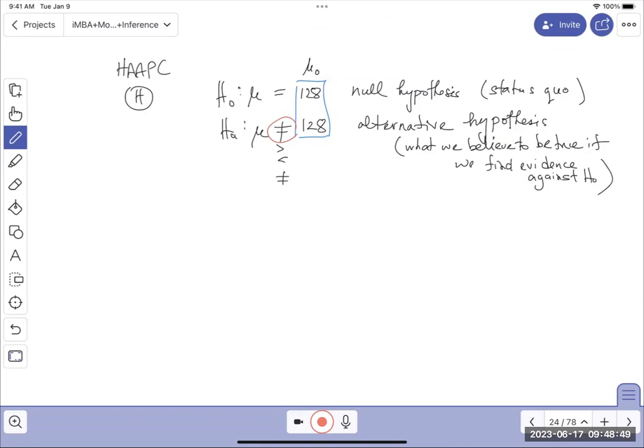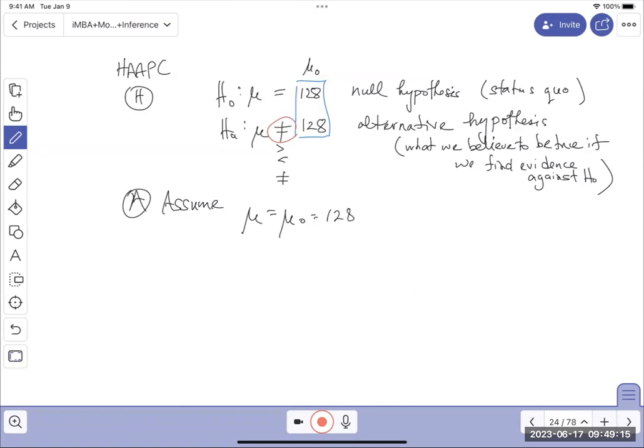Okay, so that was our first step. The next step is A for assume. We're going to assume that the population mean mu is equal to mu naught. In other words, assume the null hypothesis is true for 128.